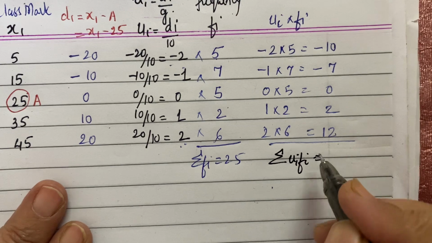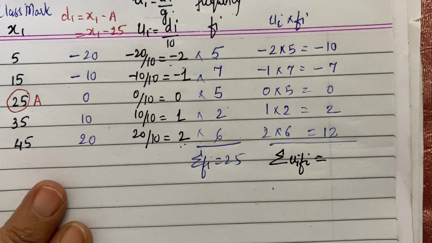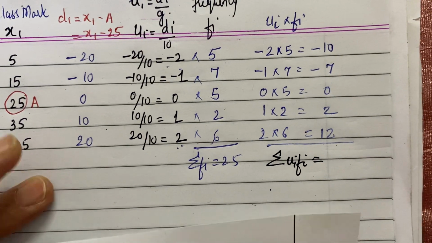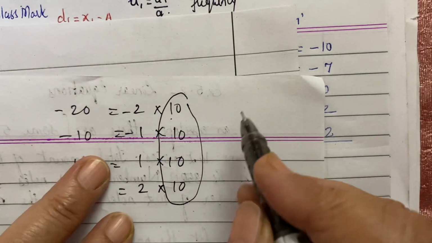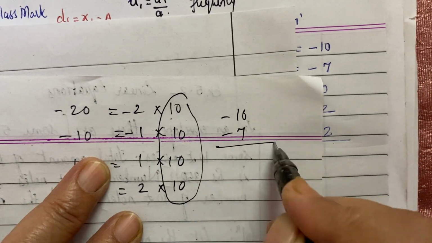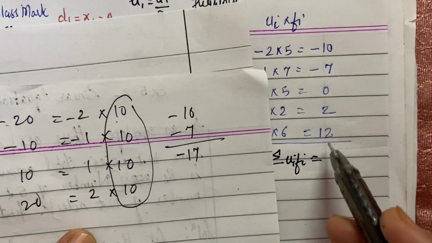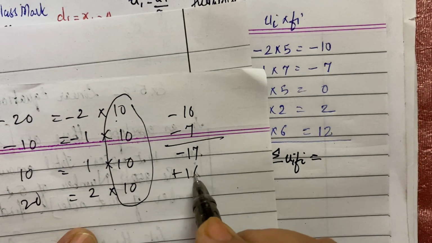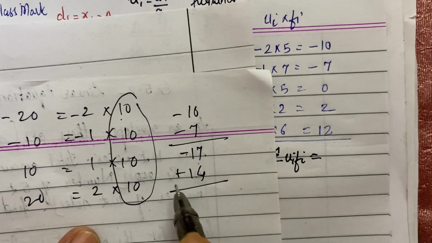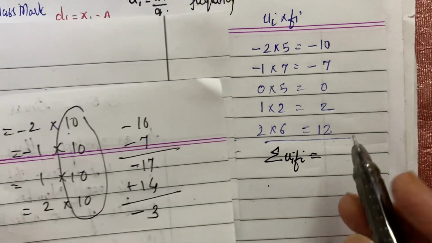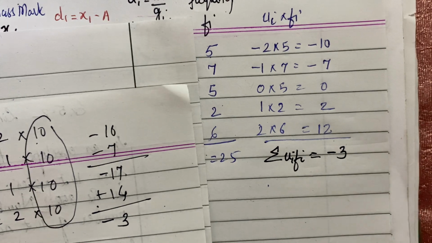If you add that, it will be minus 10 minus 7, that is minus 17, and 2 plus 12, that is plus 14. So minus into plus is minus sign of the greater number. You will get here minus 3.